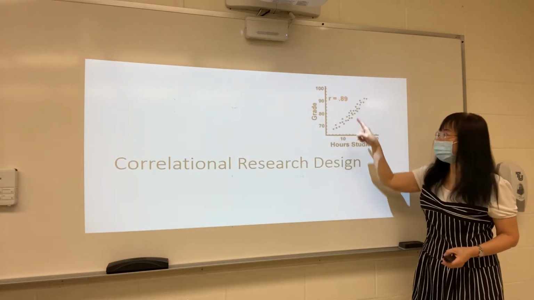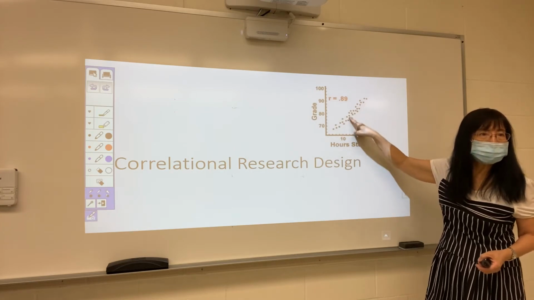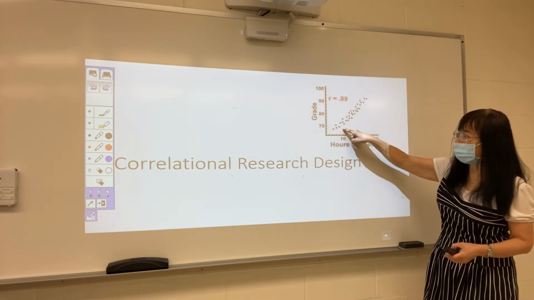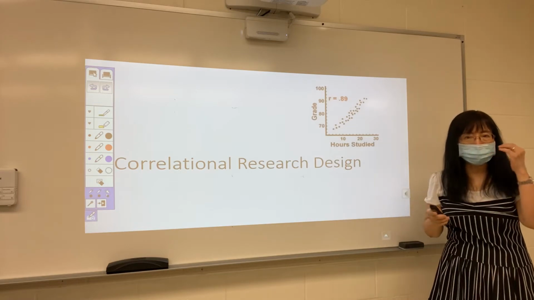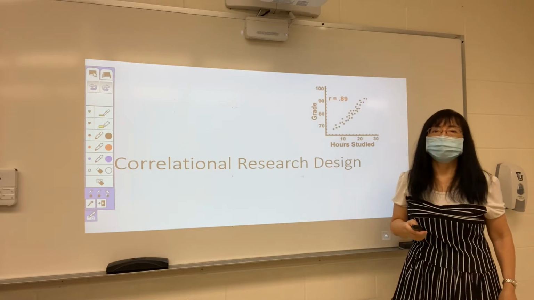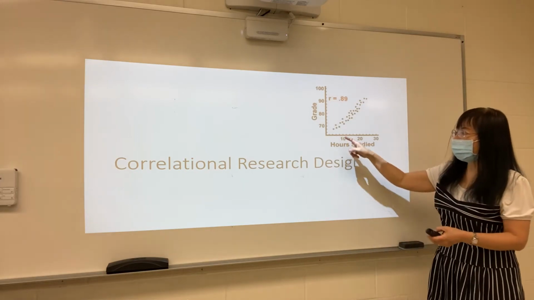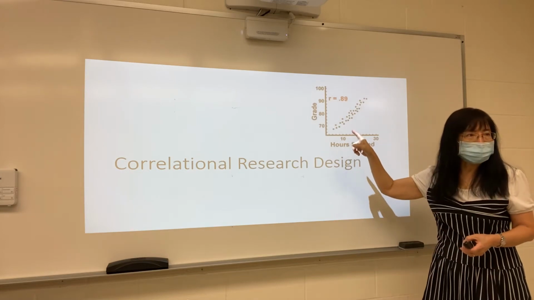When you see correlation, people usually draw the chart like this. If you can recall from your statistics class, the teacher may tell you correlation can be positive, can be negative, right?